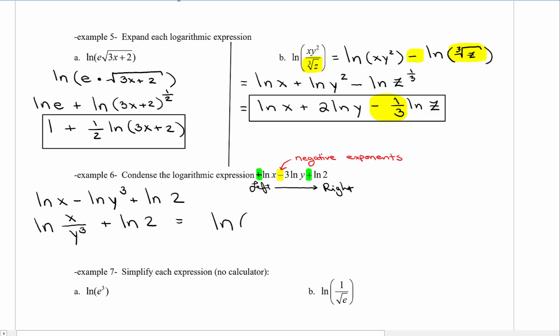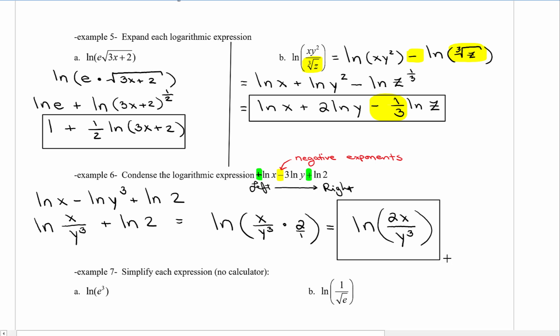And this is going to be equal to the natural log of, open up a set of parentheses, x over y cubed times 2, and I'm going to write that as 2 over 1 and then close the parentheses. This is going to be equal to the natural log of 2x over y cubed, and I'm just going to put that whole quotient inside a set of parentheses so it's clear that we're taking the logarithm of that entire quotient, and I'm just going to box that answer in.